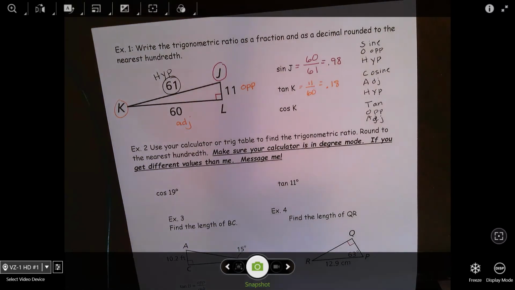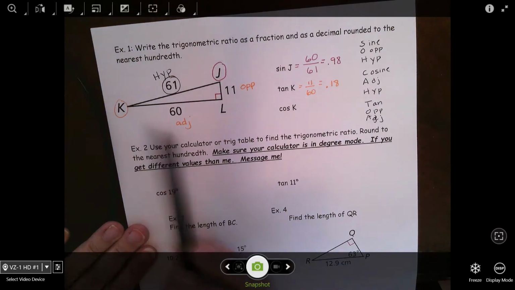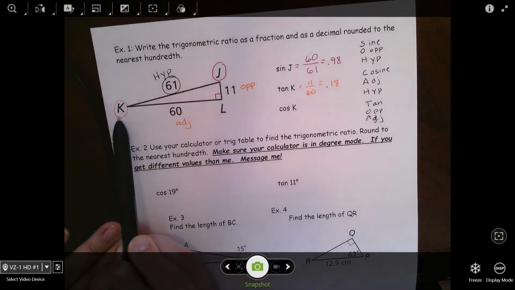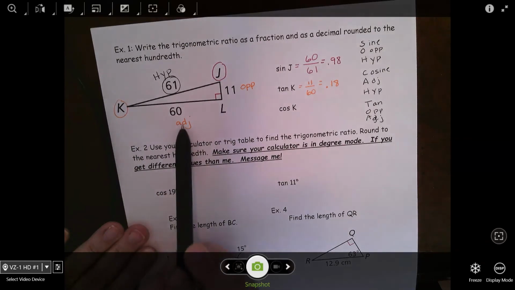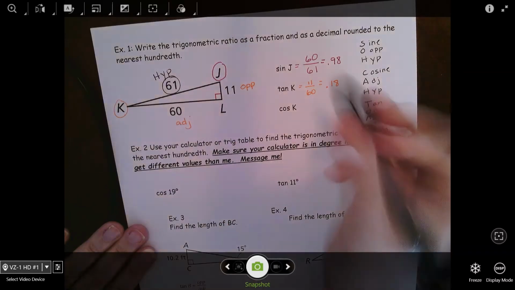So now the last one is asking for cosine K. I know cosine is adjacent over the hypotenuse. The orange is the adjacent, the side touching angle K. Remember, my adjacent would have switched if I was talking about angle J. But for angle K, my adjacent side is 60, side KL. The hypotenuse is 61.